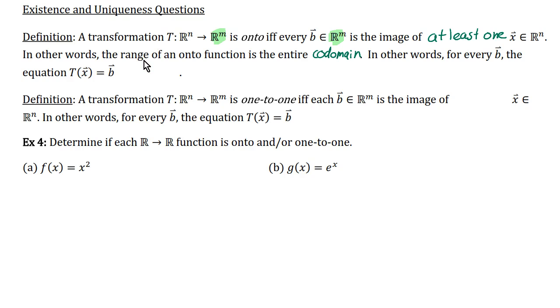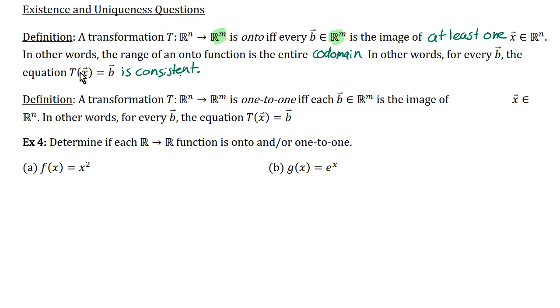So another way to say that is for every b, the equation T of x equals b is consistent. And of course, we know that T of x equals b is the same as A times x equals b for some matrix A, like we've been talking about.